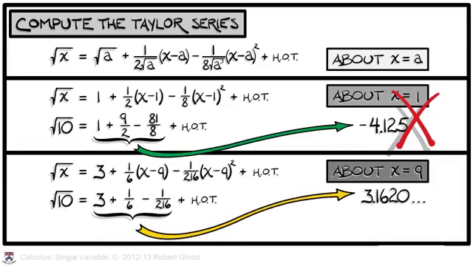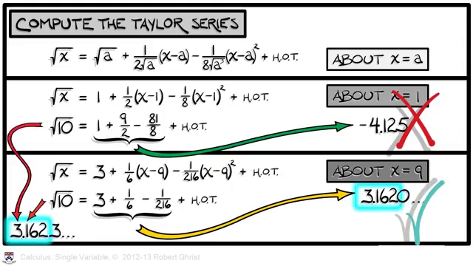This gives an approximation of 3.1620, some other stuff. The true answer agrees with this up to the first 4 digits. The expansion point, in this case, certainly matters.